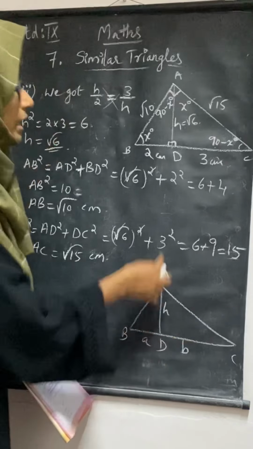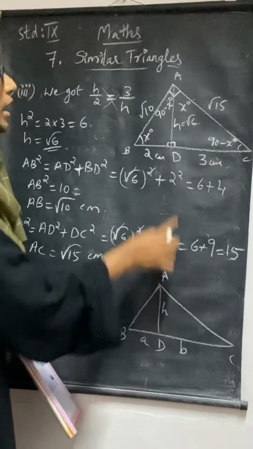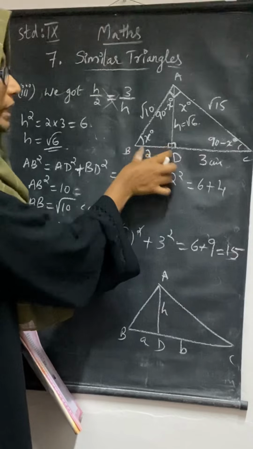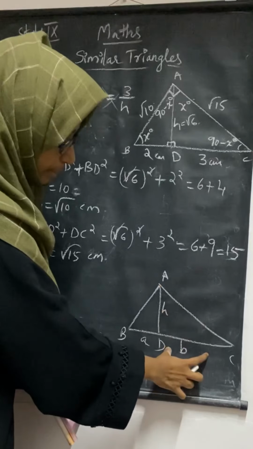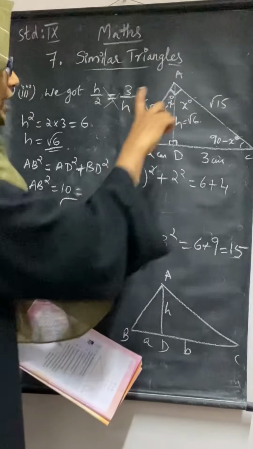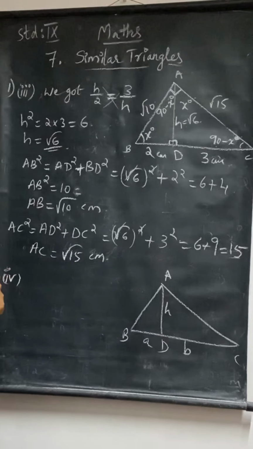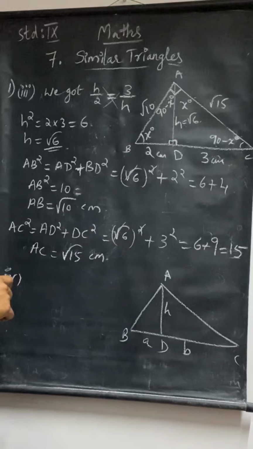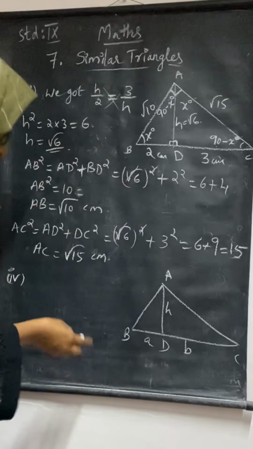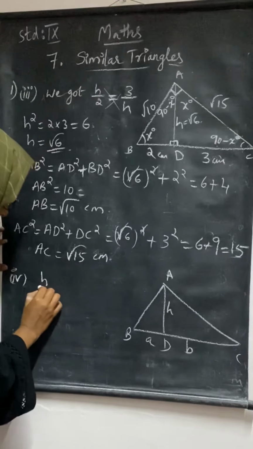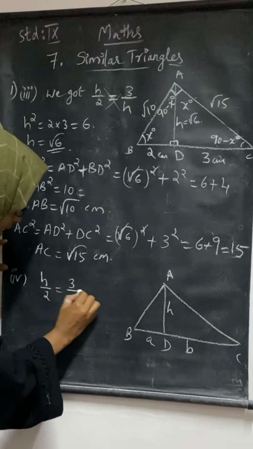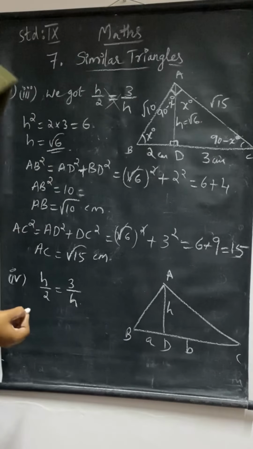The same triangle I am taking, and all the angles will be equal. This divided part will be A and this divided part will be B, and they told the perpendicular line is h. Then you have to prove h square is equal to AB. Previously, one proof you did: h by 2 is equal to 3 by h. Already we have proved that.